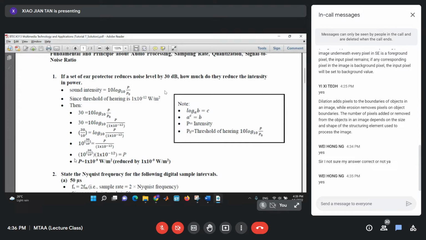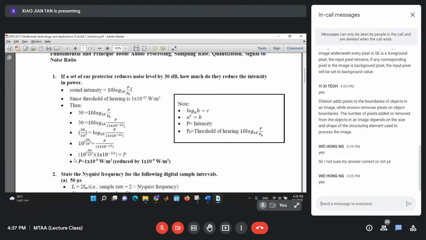Thank you for your answer. So if a set of ear protectors reduces the noise level by 30 dB, how much do they reduce the intensity in power? First of all, you need to identify the correct equation. Remember in MTA, we do not provide you any equations or formulas, because the formulas are very minimal.